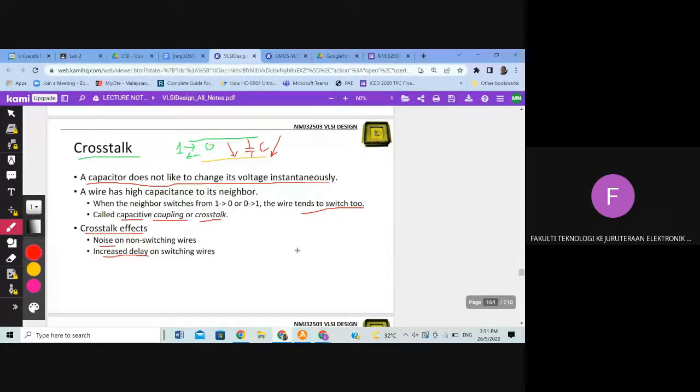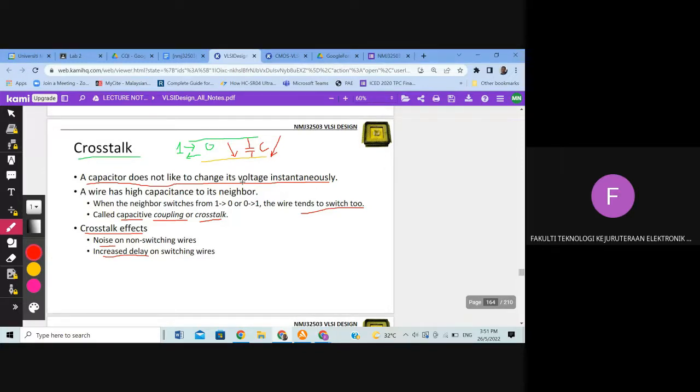That's due to the factor of capacitor. The capacitor, you can see the symbol C here, does not like to change its voltage instantaneously, meaning that it wants to remain at its current value of voltage.